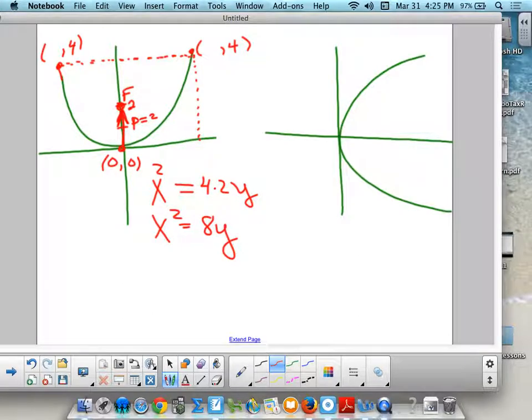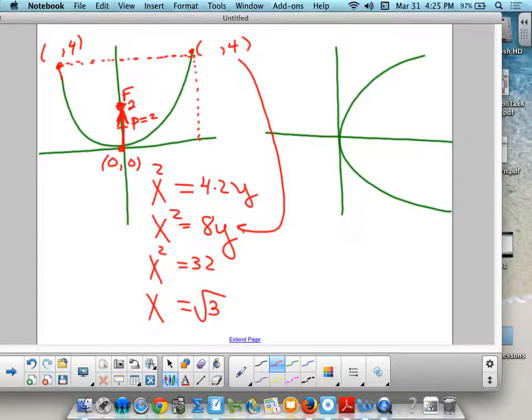There it is. You want the x value. Put 4 in for y. X squared equals 32. Square root of 32 is your x value. So how far over is this? Square root of 32, right?